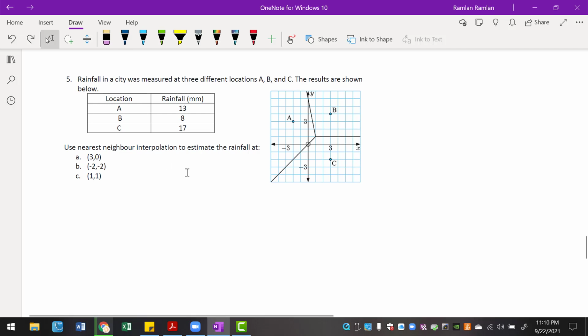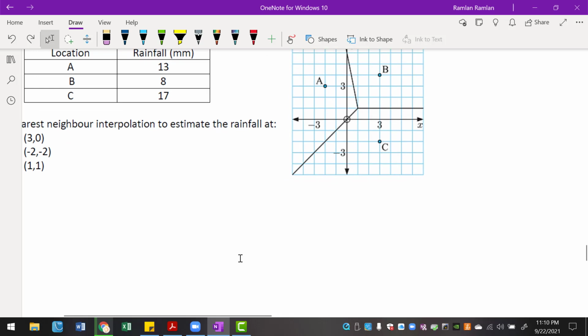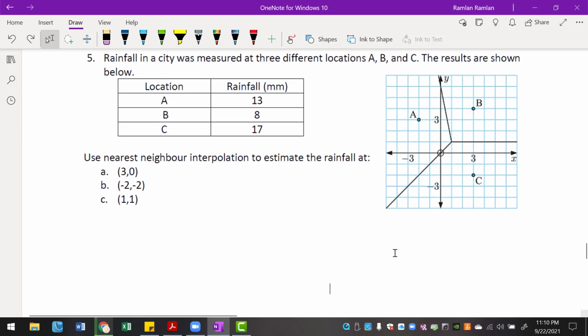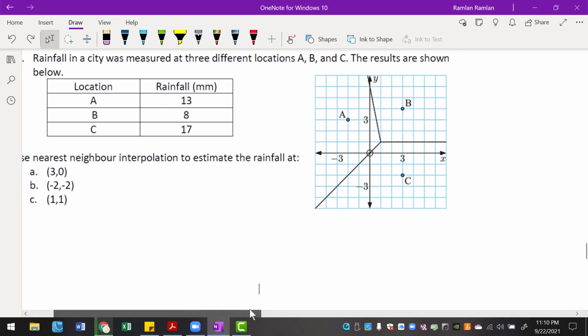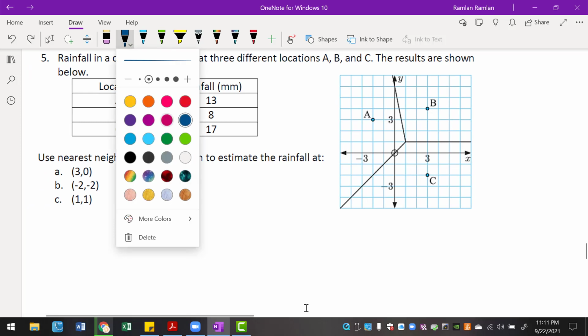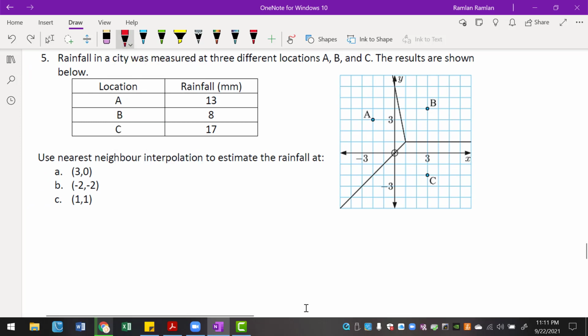I'm gonna zoom it a little bit, guys. Okay, so now let's start from question A, which is 3, 0. So let's mark 3, 0 on the Cartesian plane. It's about here, right?